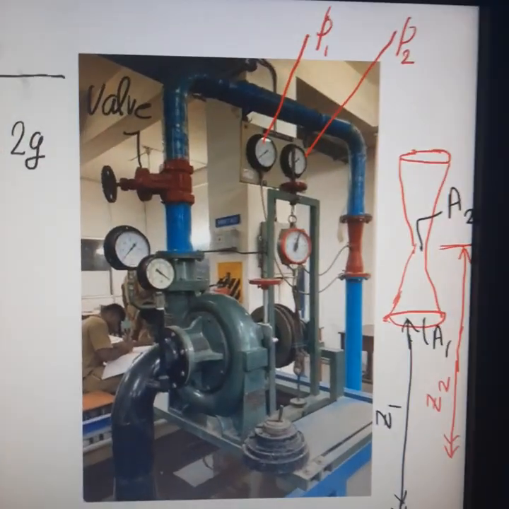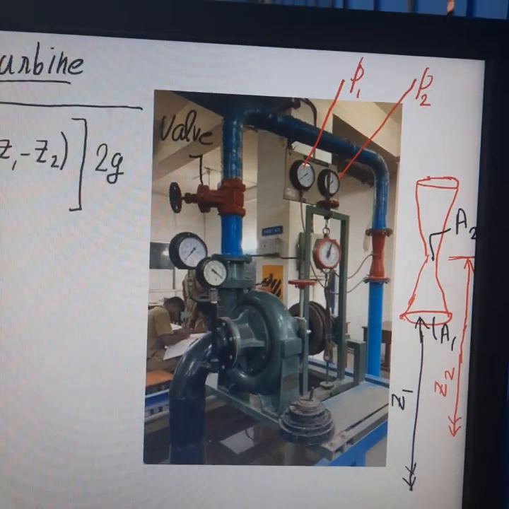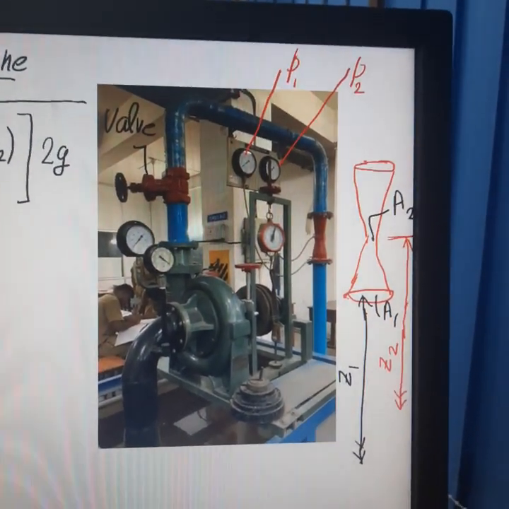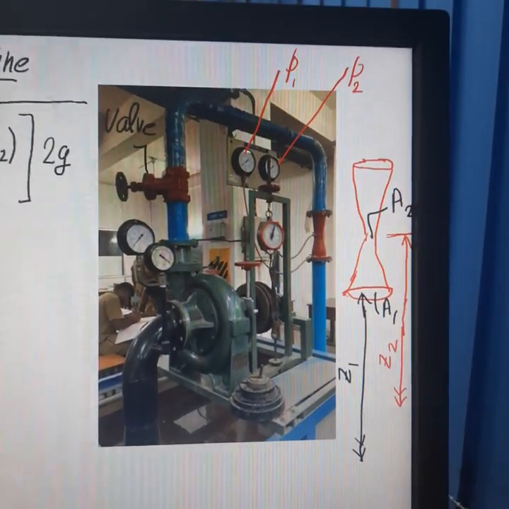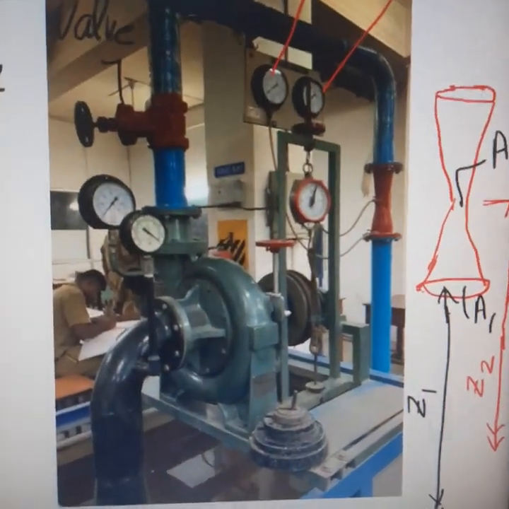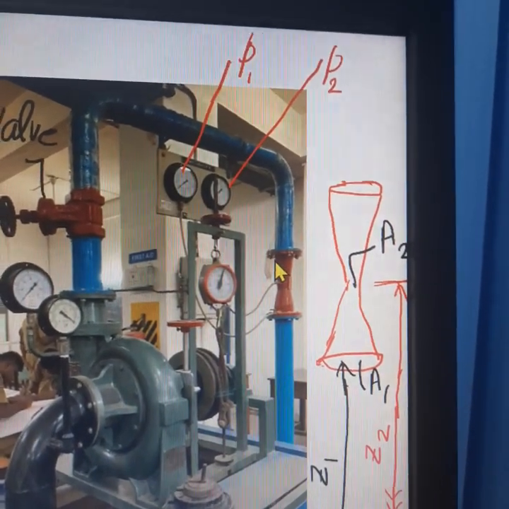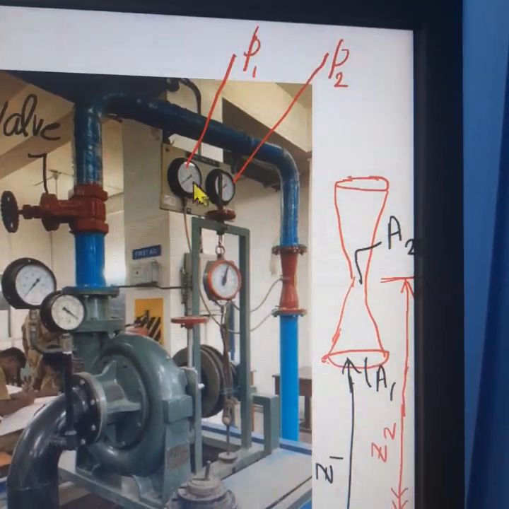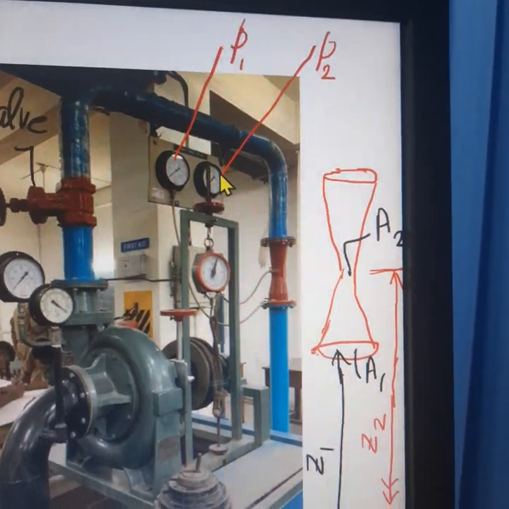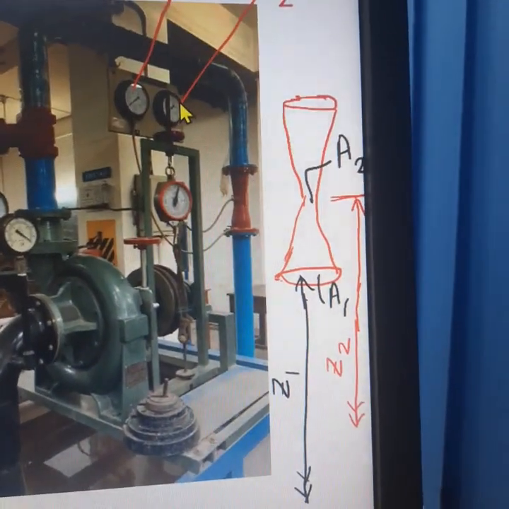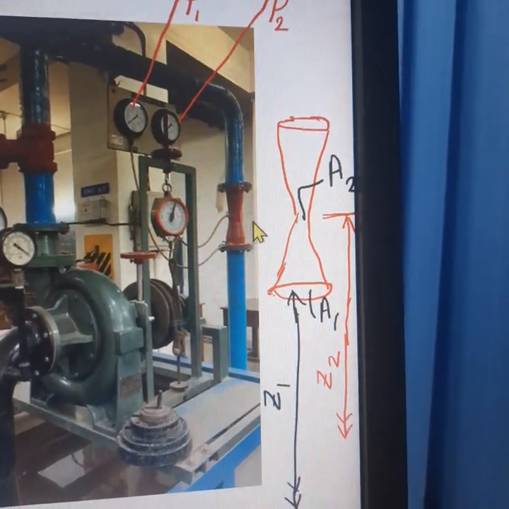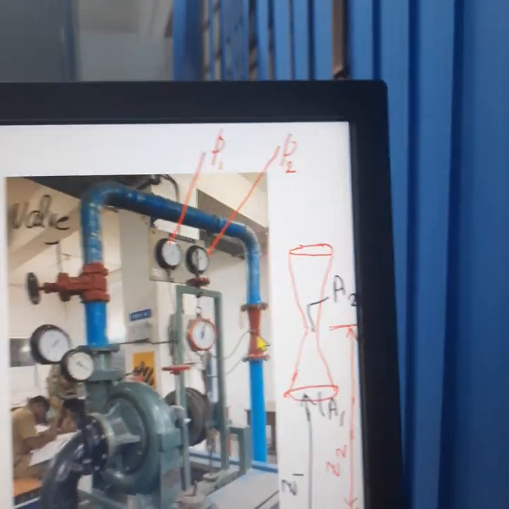This figure shows an experimental setup used to determine the performance of a Francis turbine. A venturimeter is used to determine the discharge. There are two pressure gauges used to determine the pressure of water entering the venturimeter and the pressure of water at the throat of the venturimeter.